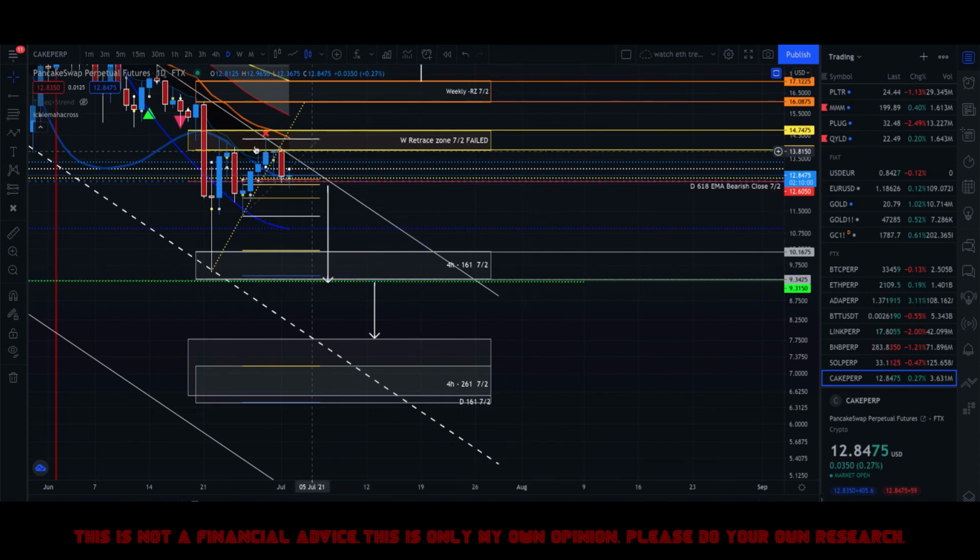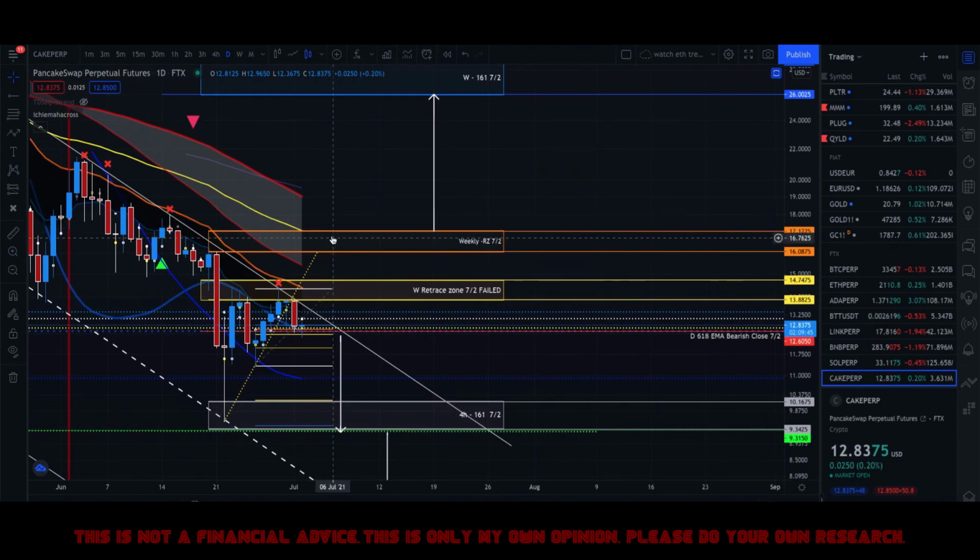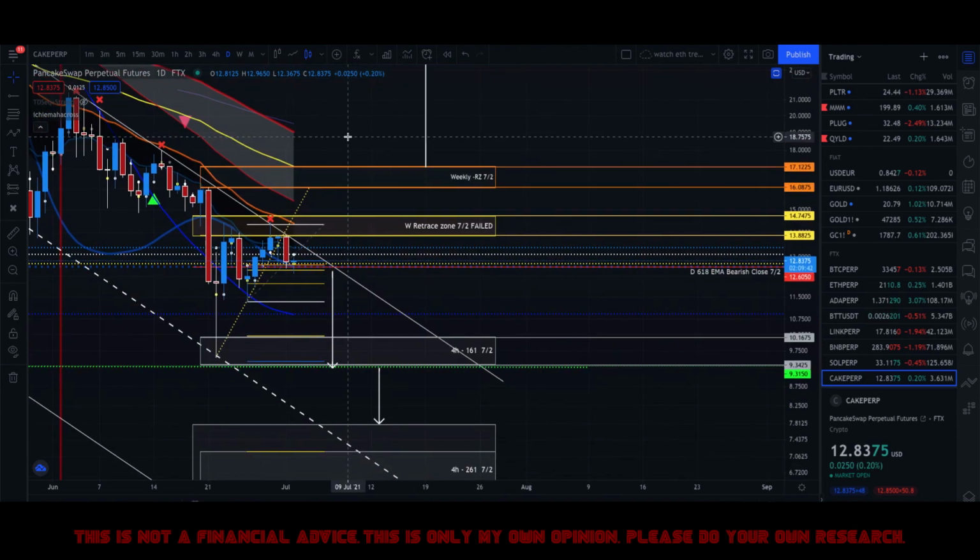Okay, so if we break out of the channel, we first need to close above the 21 EMA, and then a very bullish sign is if we close above the orange box or the 50 EMA. Okay.